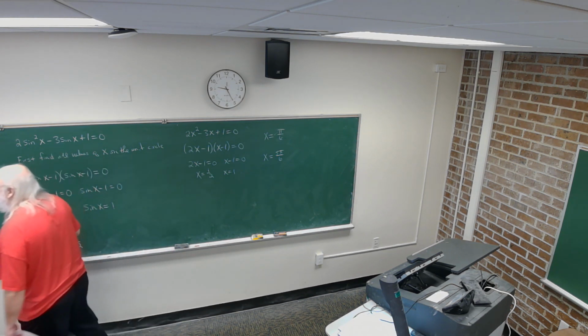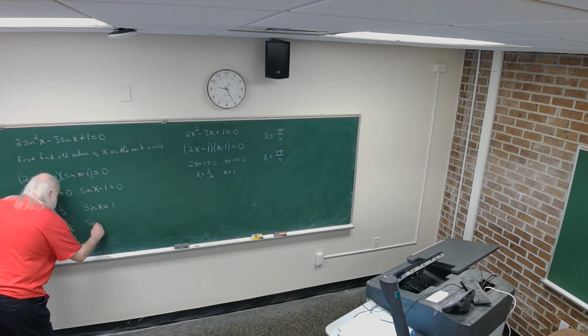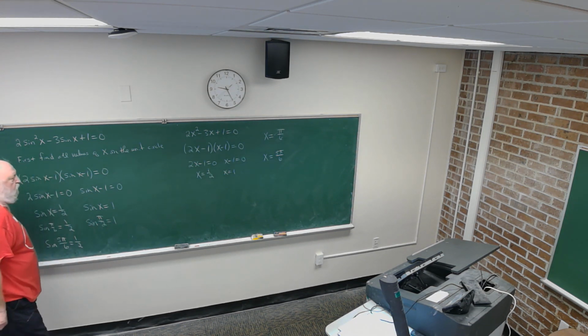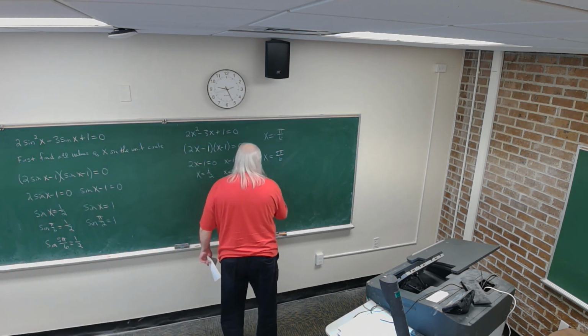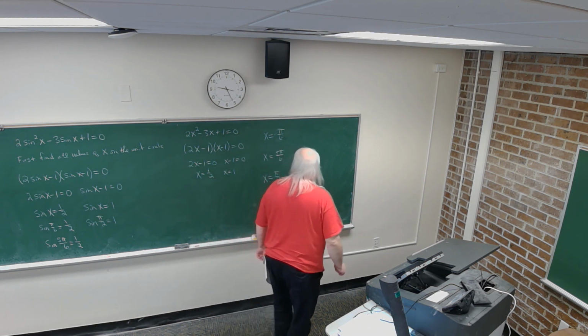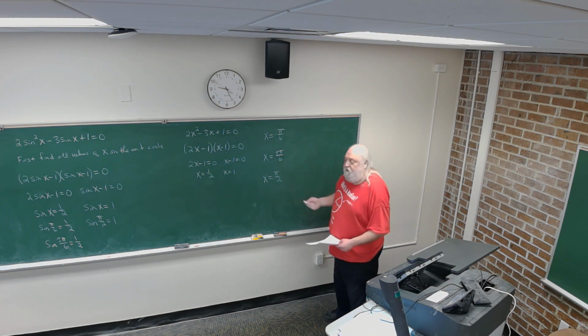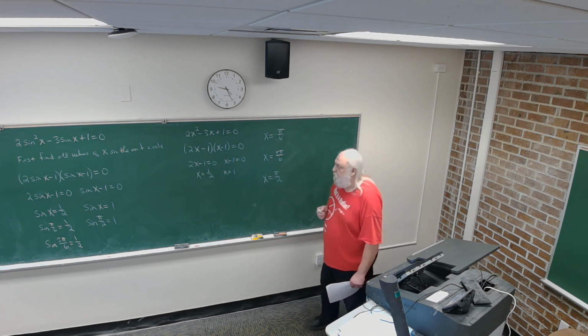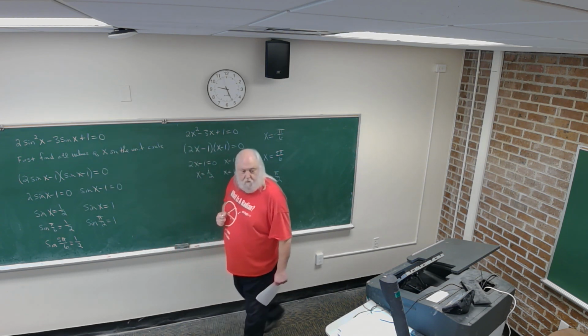Where is the sine function equal to 1? We have pi over 2 radians. So the sine of pi over 2 radians is equal to 1. So those are the three angles on the unit circle that satisfy our quadratic equation.